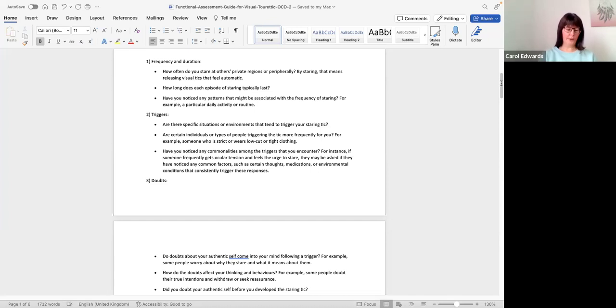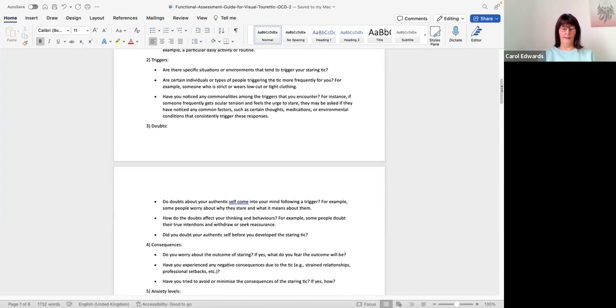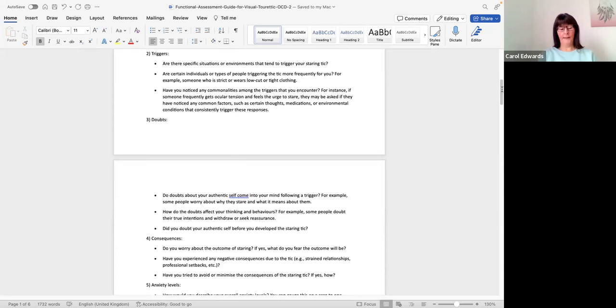So then we'll go on to triggers. A therapist might ask, are there specific situations or environments that tend to trigger your staring tic? Are certain individuals or types of people triggering the tic more frequently for you? For example, someone who is strict or wears low-cut or tight clothing around the genital area. And have you noticed any commonalities among the triggers that you encounter?